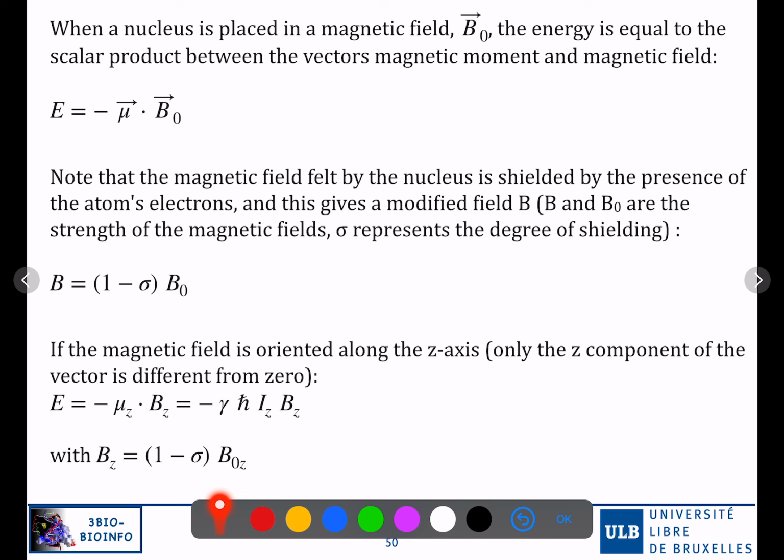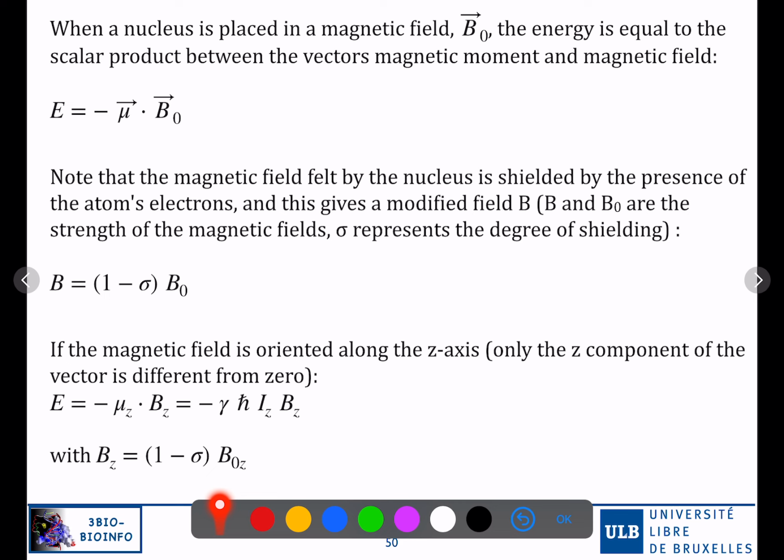And so you simplify the calculations in the sense that the x and y components are equal to 0. When you compute the scalar product between the two vectors, only the component along the z-axis will be different from 0.